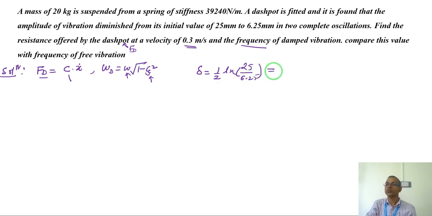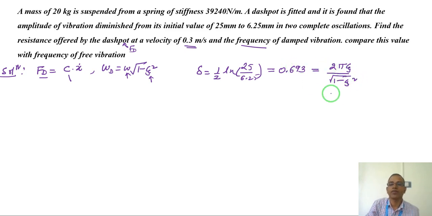So this gives me 0.693. So once I know the logarithmic decrement delta, which is also equal to 2 pi xi by under root of 1 minus xi square.